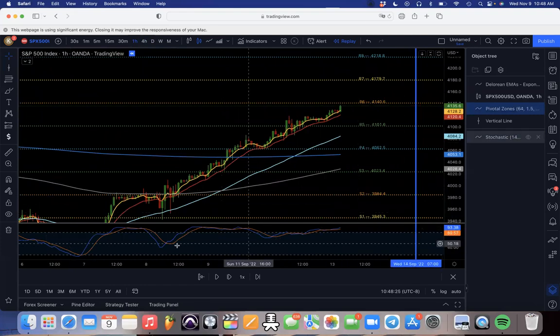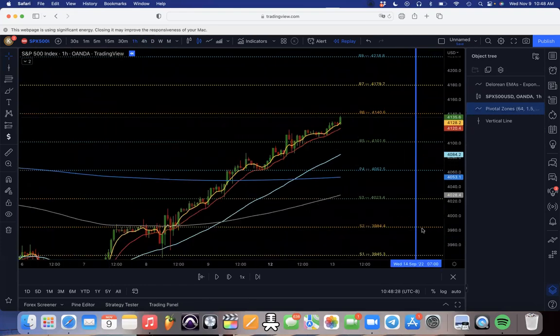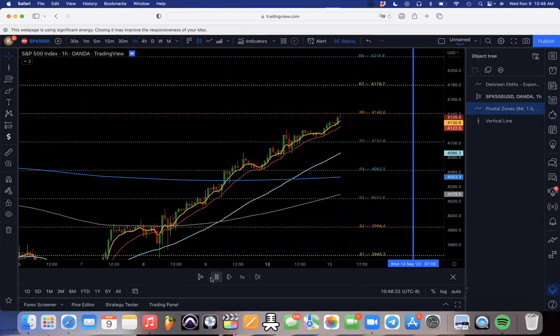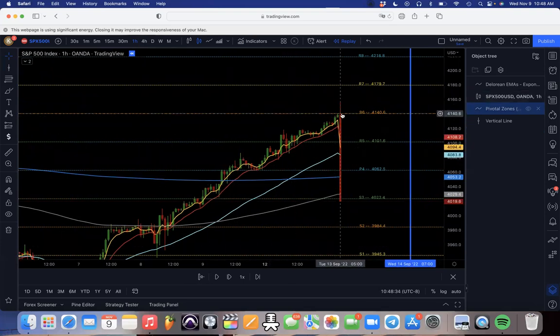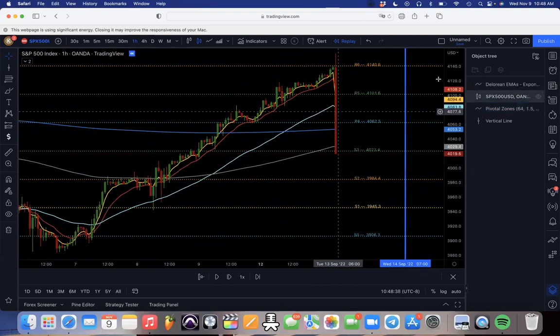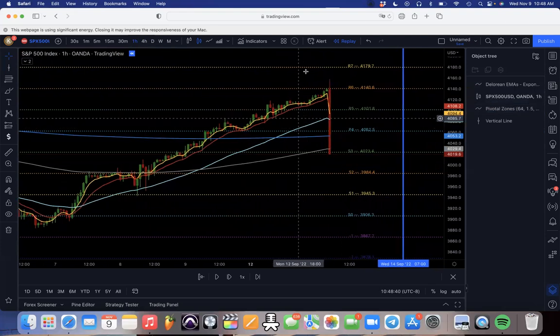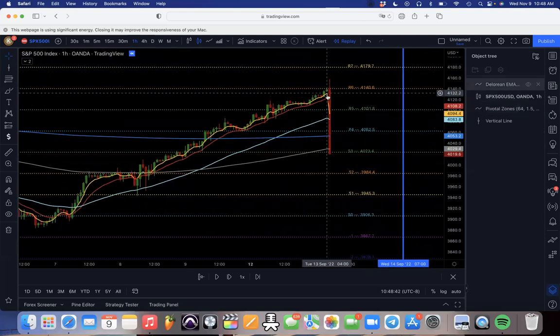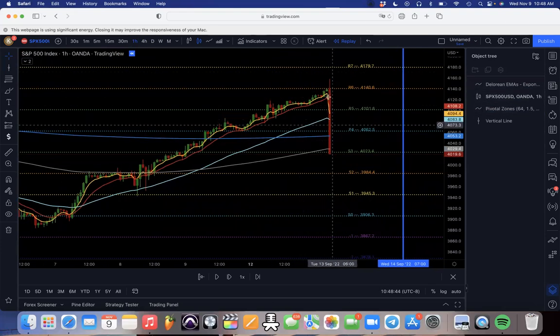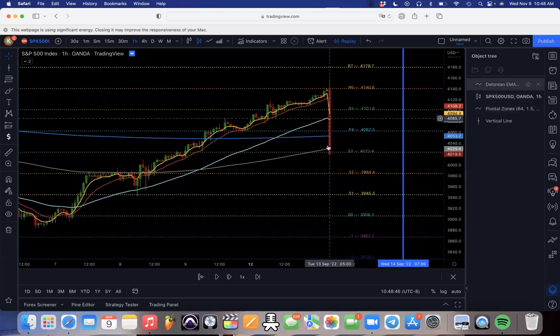Now we're going to take this stochastic off of here because it has nothing to do with this trend. But watch, I wish I could slow this candle down, but I can't. We got so many entries on one candle. Of course we do. Generally speaking, wait for the breaking close of the candle. But in instances like this, you have to pull the trigger. You got to get up in there. And it melted through everything.